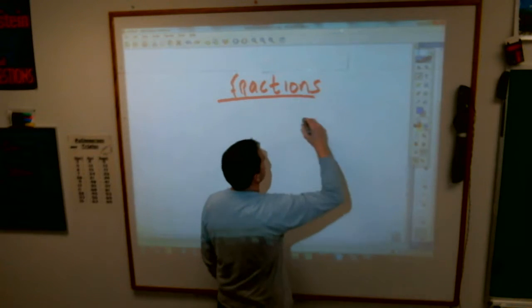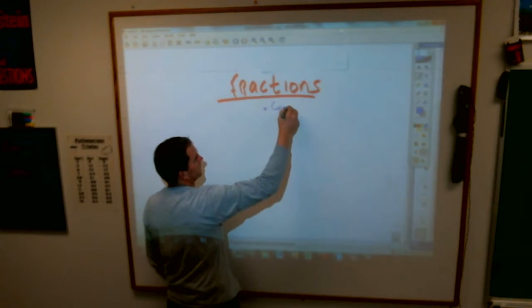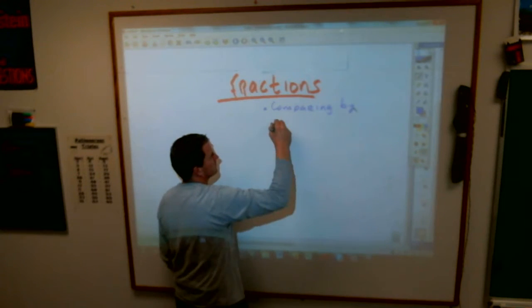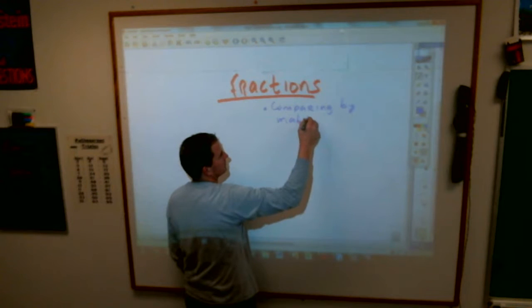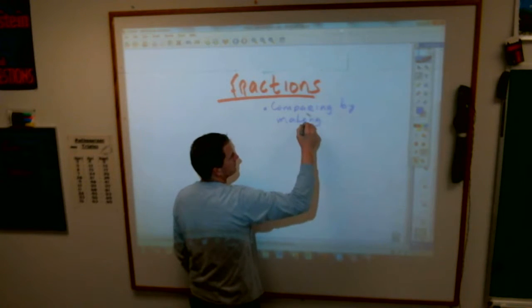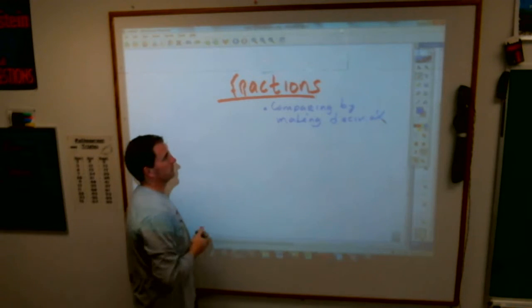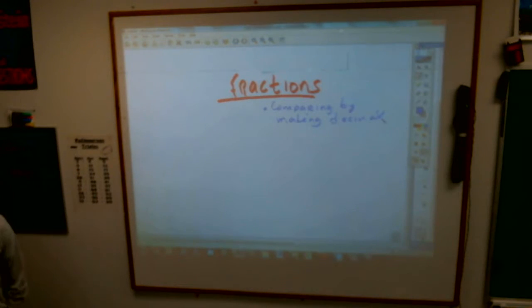And the little subheading under this is comparing them by making them decimals. So for those of you who are into drawing the picture things, that's kind of 5th grade stuff.